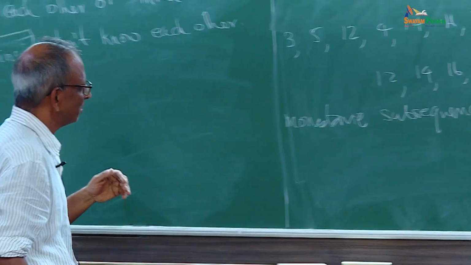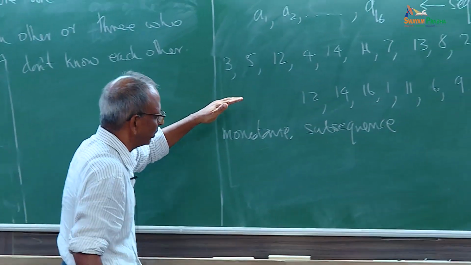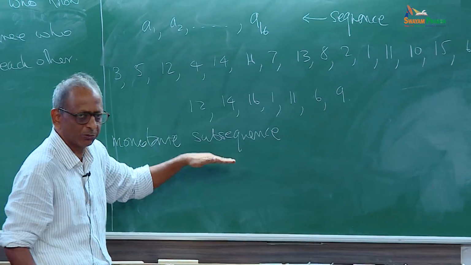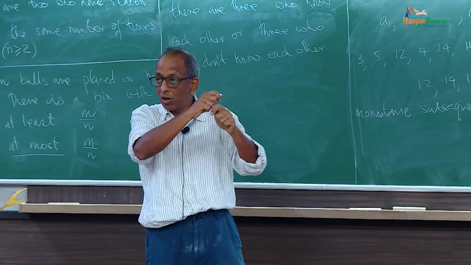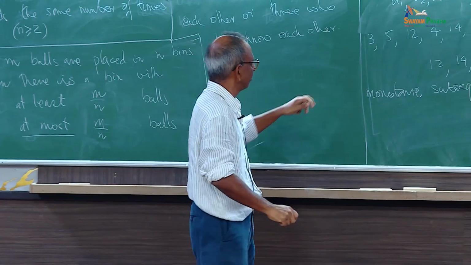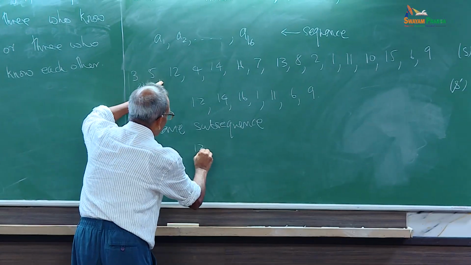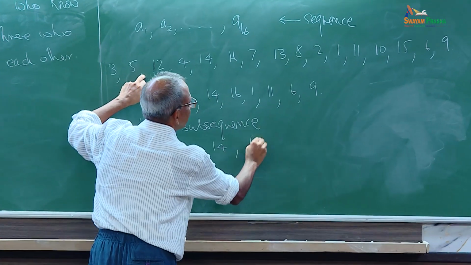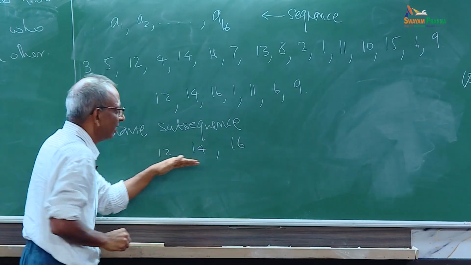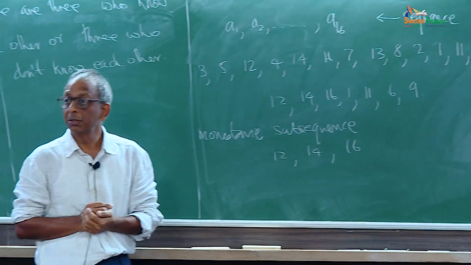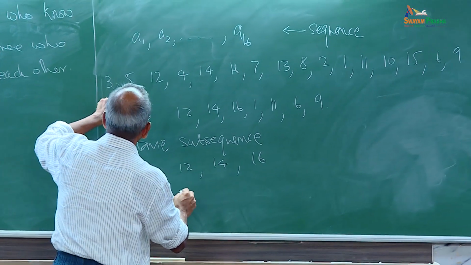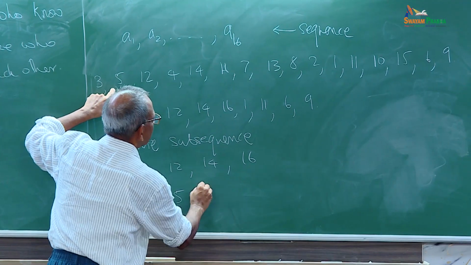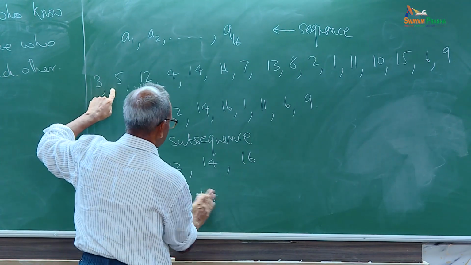A subsequence of this sequence is said to be monotone if it is either increasing or decreasing. So for example, 12, 14, 16 is a monotone subsequence, okay?